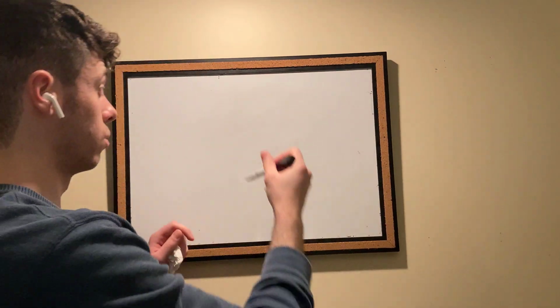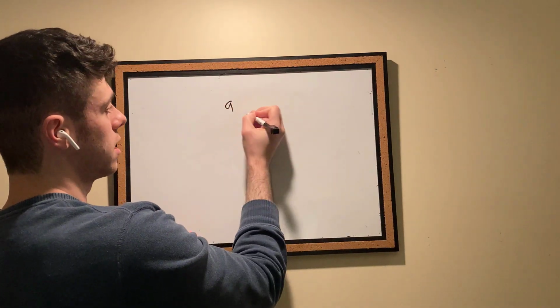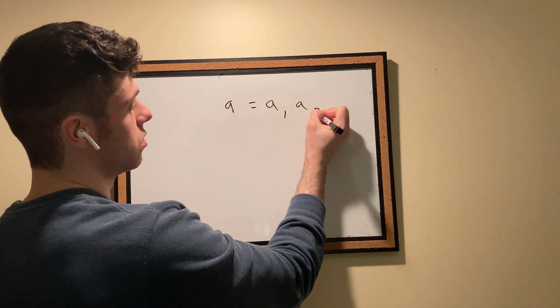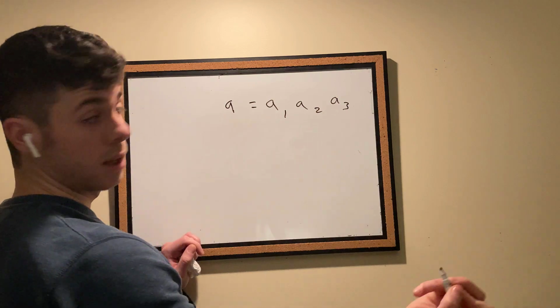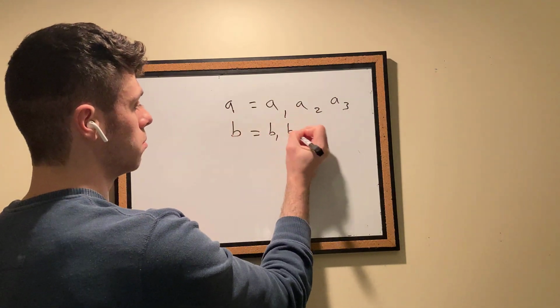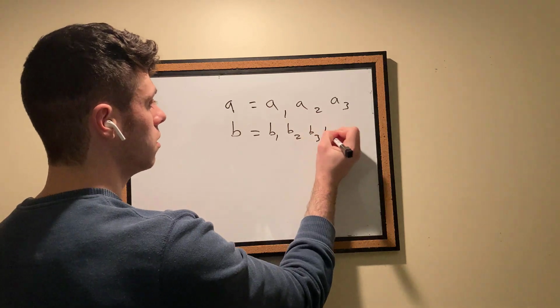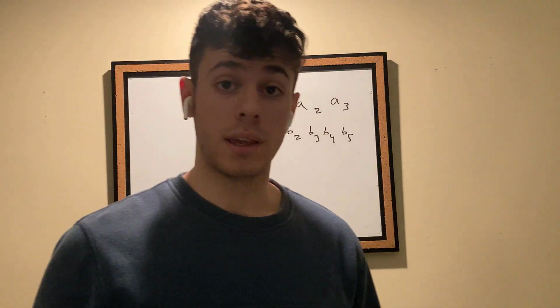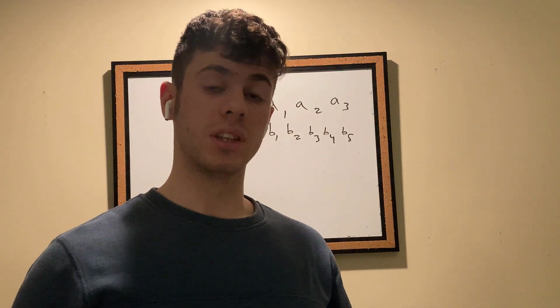Well, let's say you have two arrays. The first one is A, and you have elements A1, A2, and A3. The second one is B, and you have elements B1, B2, B3, B4, B5. The basic idea is you want to partition these two arrays into two halves.